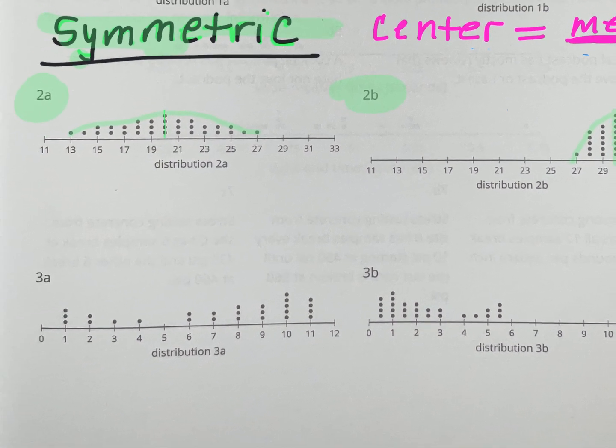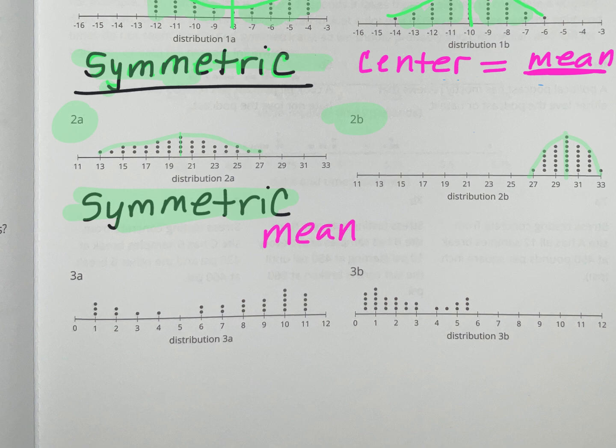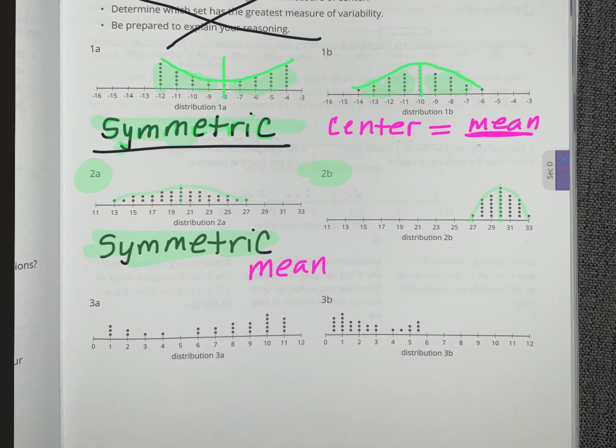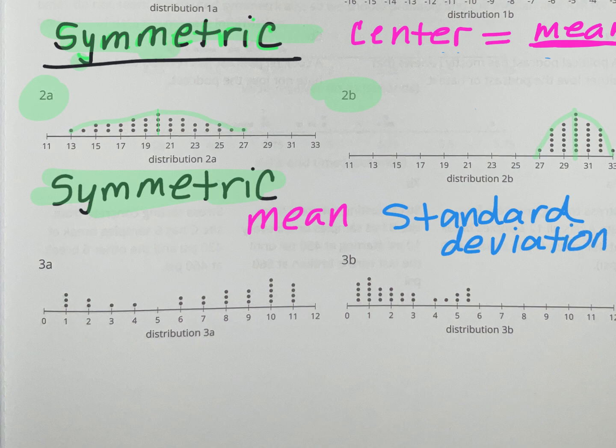So again, number 2, both examples are symmetric. Which means you should use the mean for your measure of center, and you should use the standard deviation for your measure of spread.